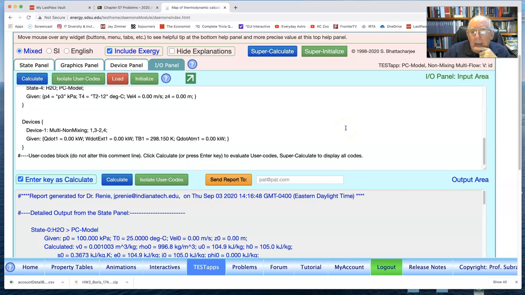And in my I/O panel, I'm going to calculate a couple of terms. The first term I'm going to calculate is the exergy that was lost from the first stream. I'm going to call that, let's just say E1, and it's going to be equal to m.1 times the difference in the two psi.